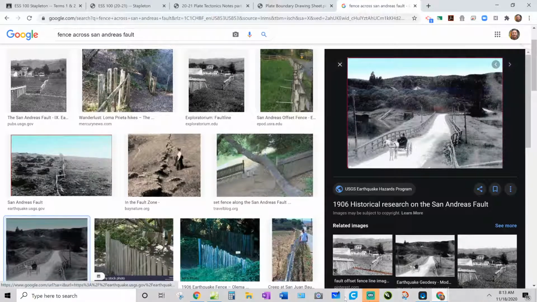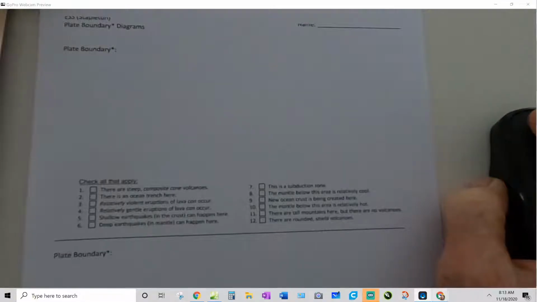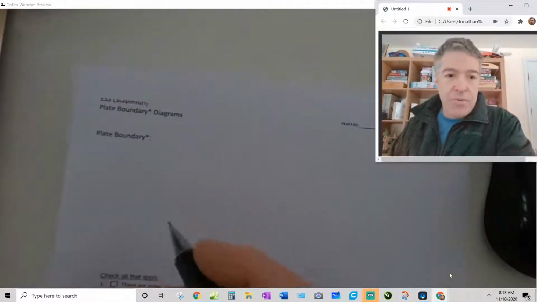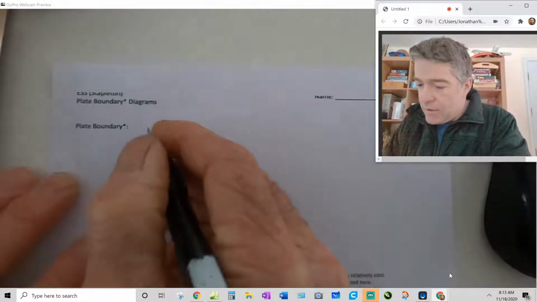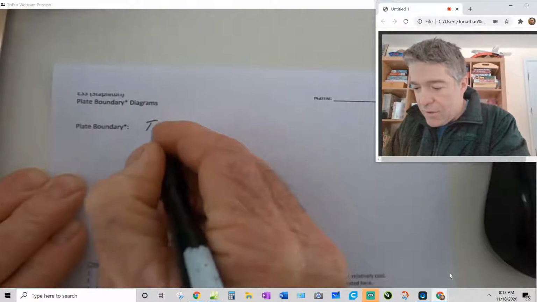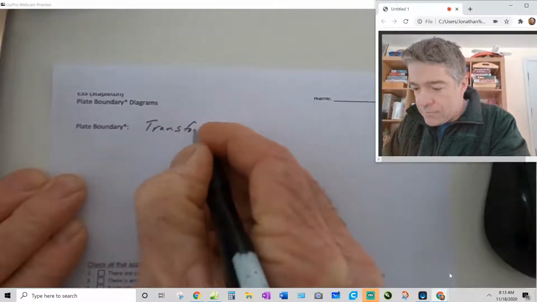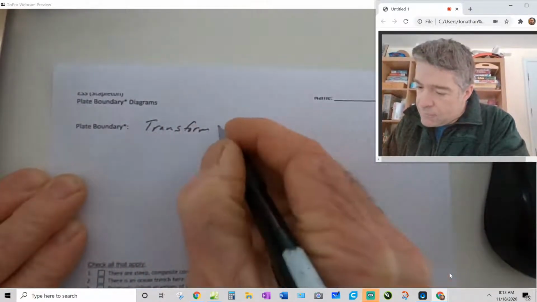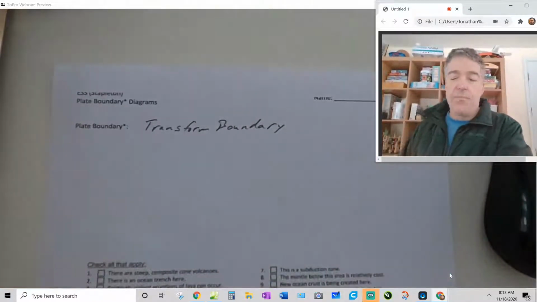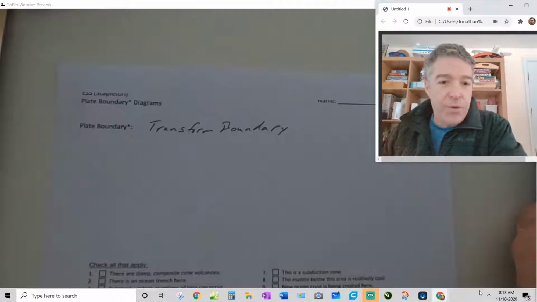So, get back to my camera and me, and I'm going to write plate boundary. We could call it continent transform. Let's just call it transform boundary. Now, if you want to do this in a really simple way, you can.